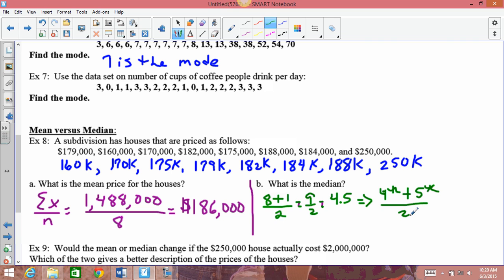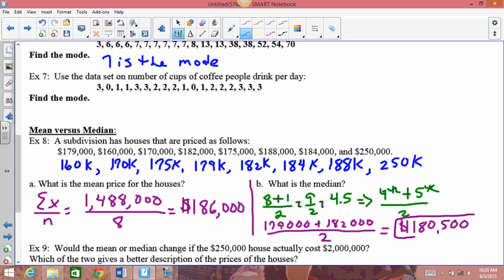So the 4th and 5th numbers in my list are 179,000 plus 182,000. Divide that by 2. You should get a final answer of 180,500. That would be the median home price.